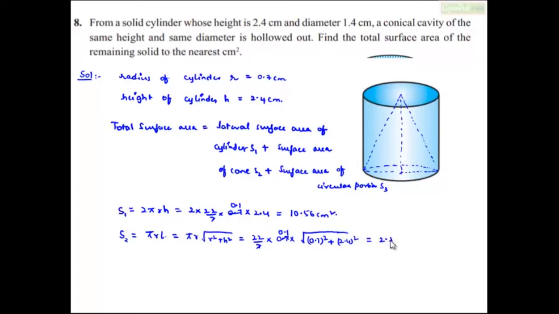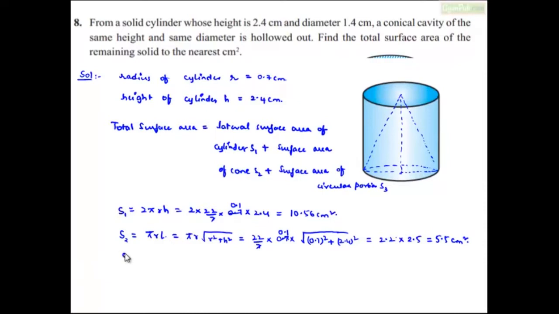So 22 times 0.1 is 2.2 times the square root of 0.7 whole square plus 2.4 whole square, which is 2.5. 2.2 times 2.5 is 5.5 centimeter square.